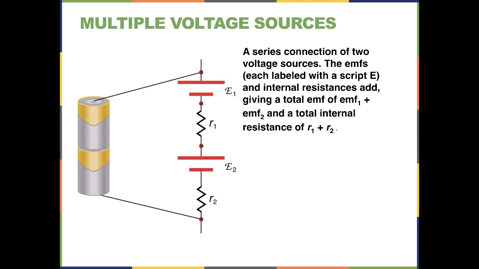So when you connect a series connection of two voltage sources, the EMFs, which are script E here, and the internal resistances, R1 and R2, are both summed together. The E1 and E2 are summed together, and R1 and R2 are summed together because they're both in series.